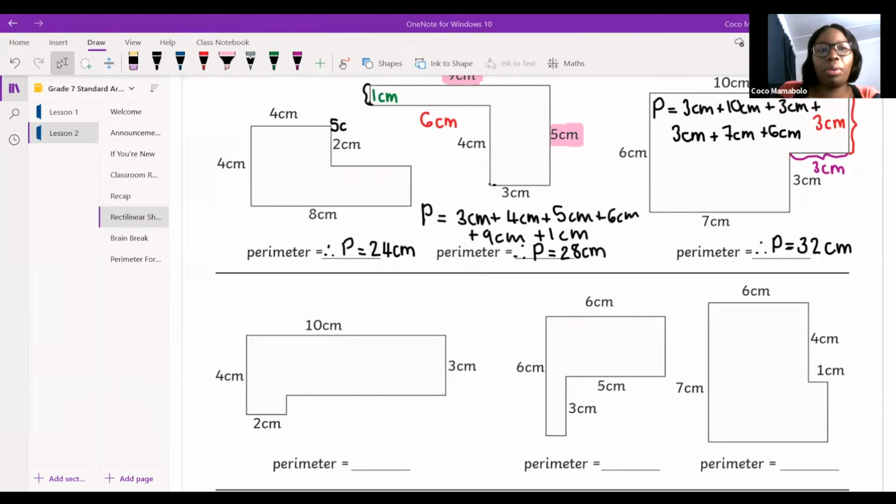So remember, we're not calculating the perimeter of the actual rectangle. We're calculating the perimeter of the rectangle with the chunk that's been taken out. Okay, so just the shape outside. We're looking at this shape like this. That's what we're calculating for.